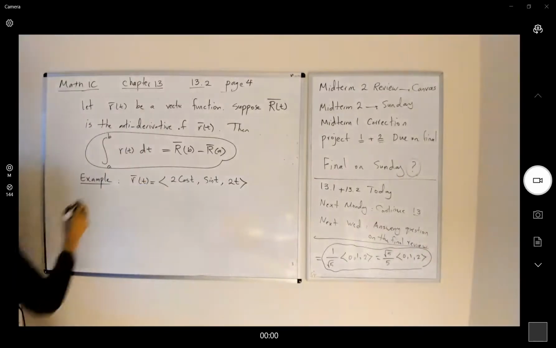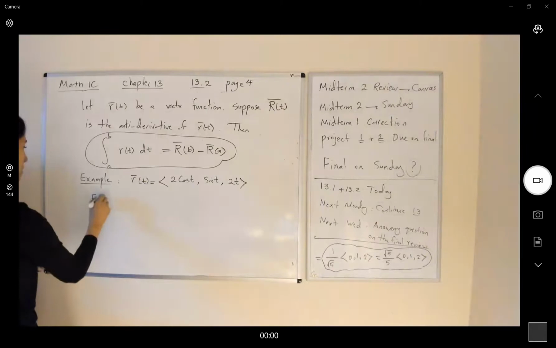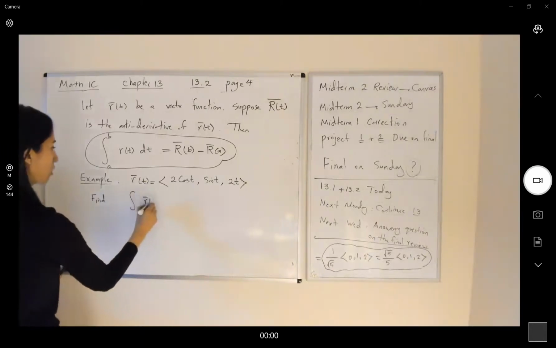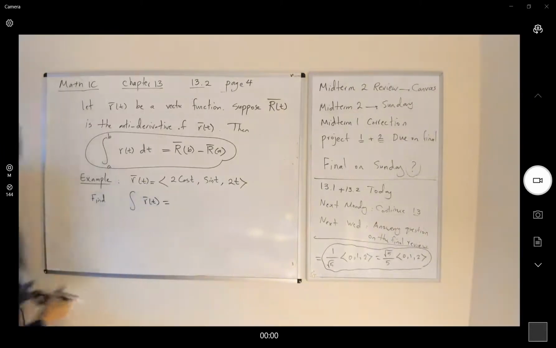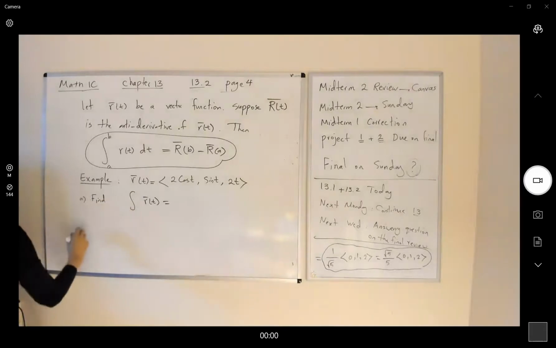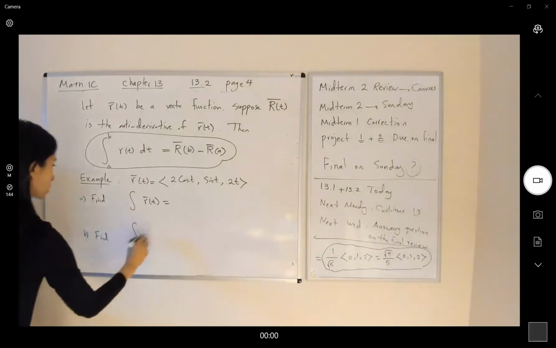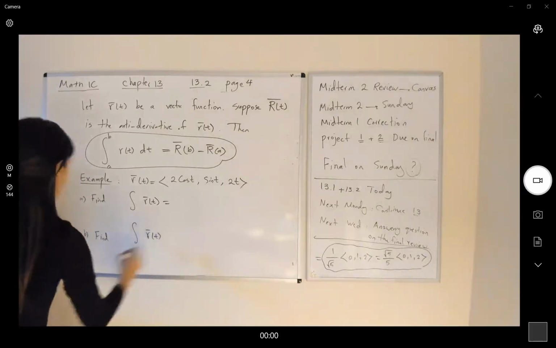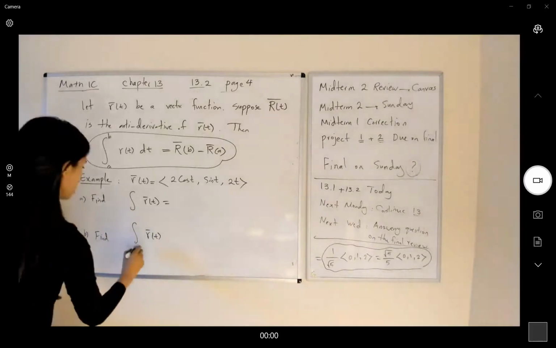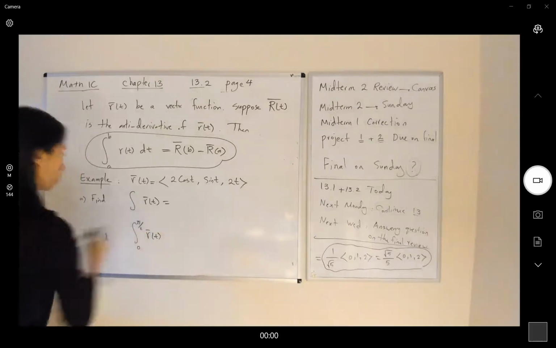It says, find the integral of r(t). And then part B says, find the integral of r(t) while t ranges between 0 to pi over 2.